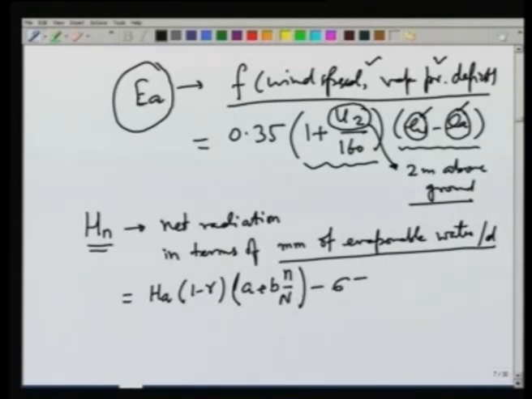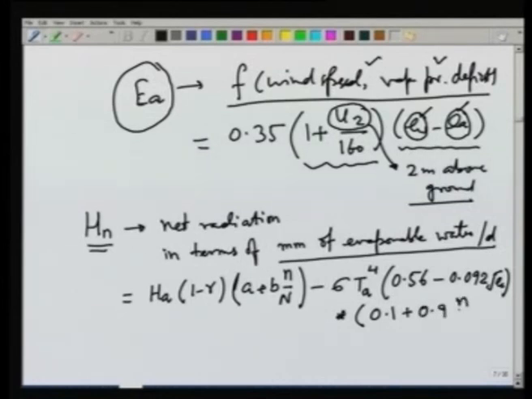Then we have the Stefan Boltzmann constant, the square root of E A, which is the vapor pressure in the air, and then we multiply this by another modifying factor (0.1 plus 0.9 n by N).